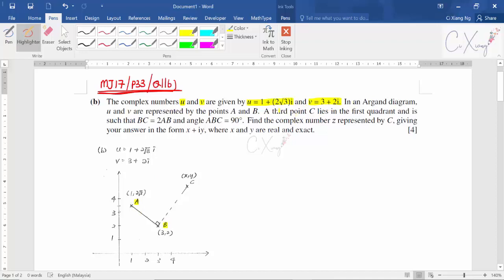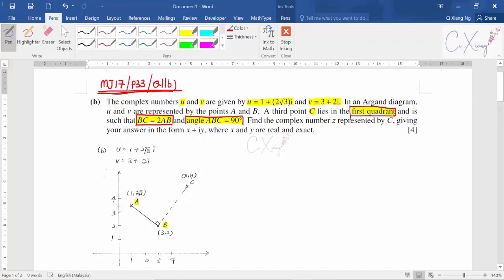Then they tell you that a third point C lies in the first quadrant. This is one of the important pieces of information. So C is in the first quadrant, and it is such that BC equals 2AB. That means the length of BC equals 2 times the length of AB. Another piece of information is that the angle ABC equals 90 degrees.